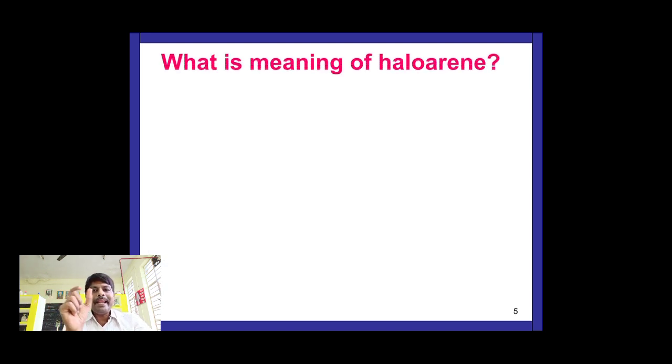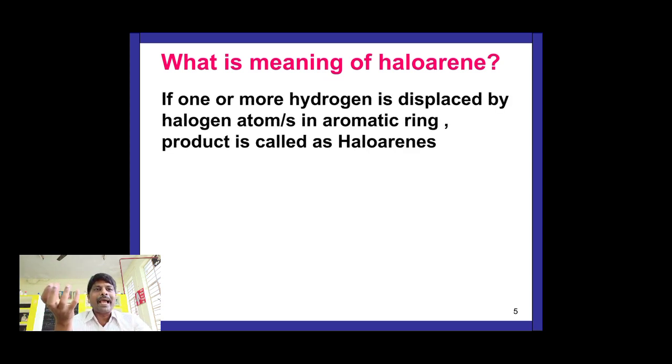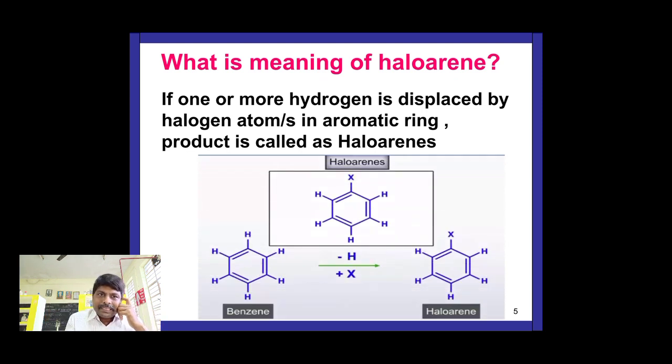In the same way, haloarene. What is the meaning of haloarene? Arene is benzene, an aromatic hydrocarbon. You take one benzene and replace one or more hydrogen atoms with halogens. If one or more hydrogen atoms in an aromatic ring are replaced by halogen atoms, the product is called haloarene. You can see here the example, benzene, arene, C6H6. Each carbon is linked with a hydrogen, that is benzene.